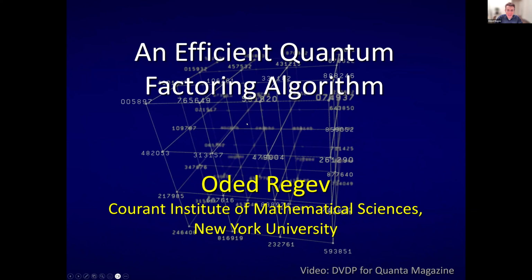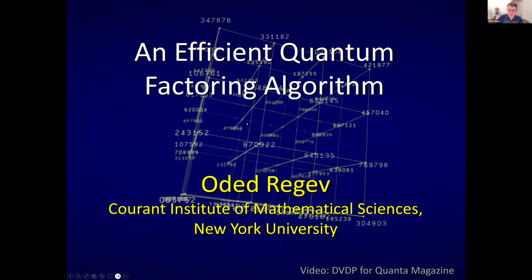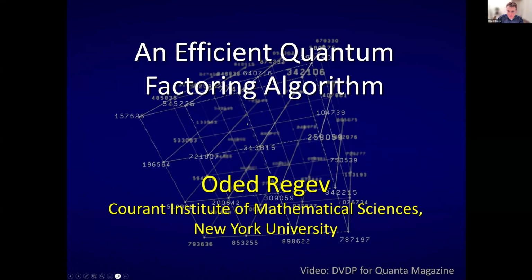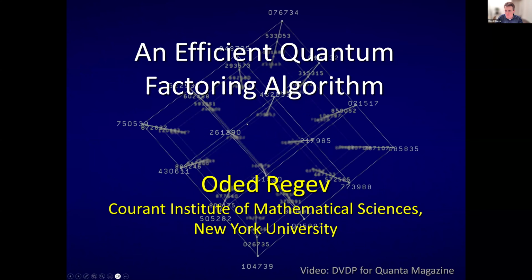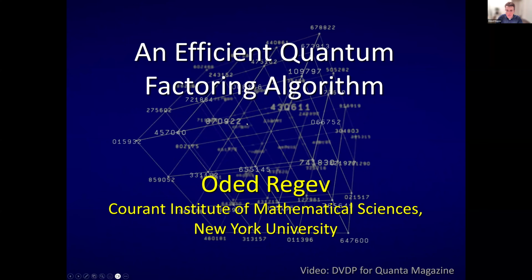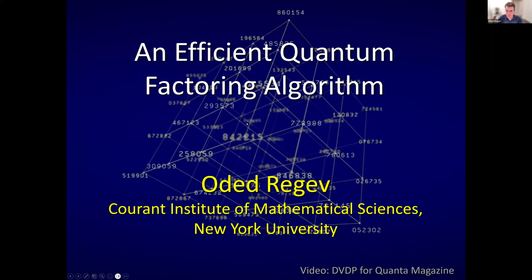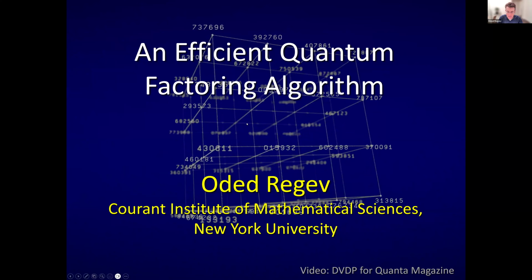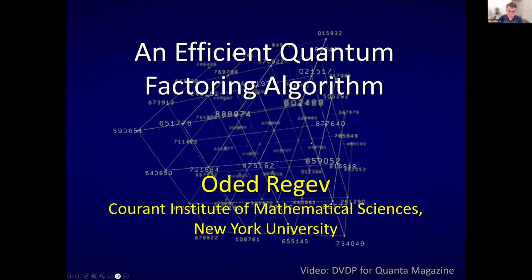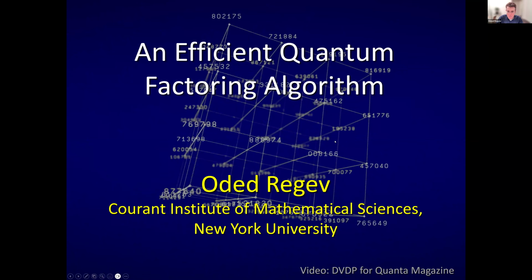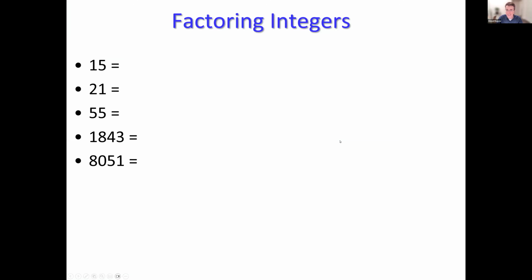So I'll tell you today about this efficient algorithm for factoring integers. And as I was saying before, feel free to interrupt and ask if you have any questions. So let me start just by defining the problem, which I assume you've seen before.